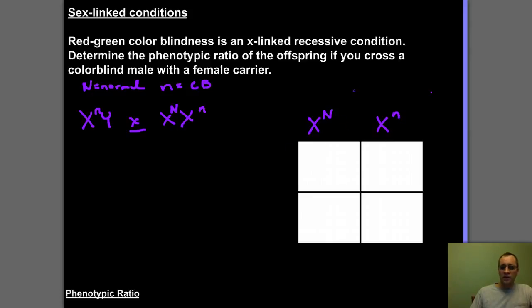So this is what's coming from the female. From the male, you could get an X with the color blindness allele or a Y chromosome. It doesn't have that gene at all on it. And then we combine these. Again, we get this. We get this.